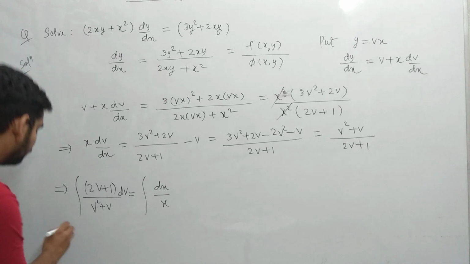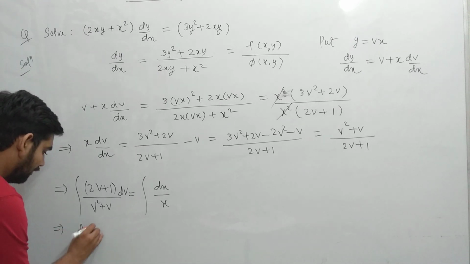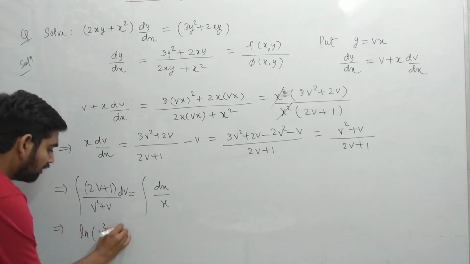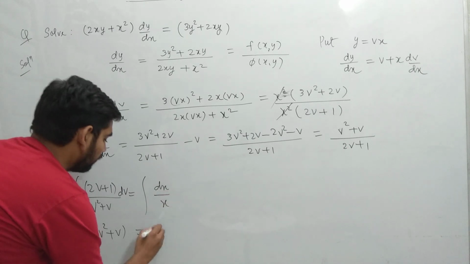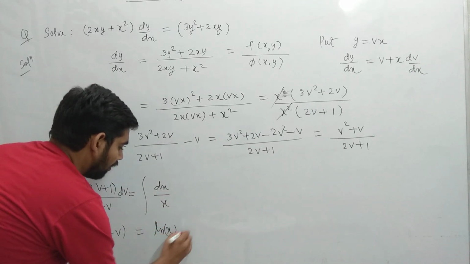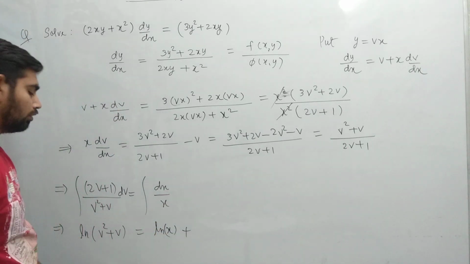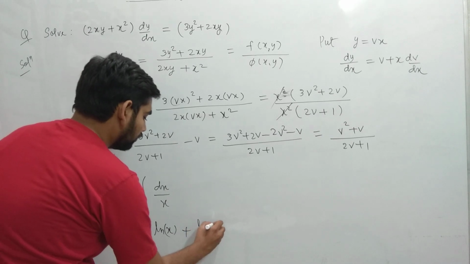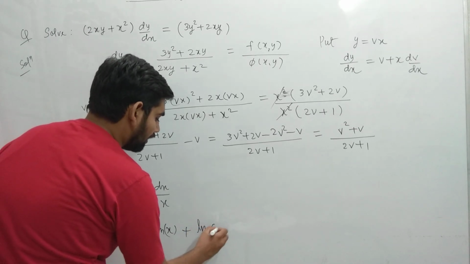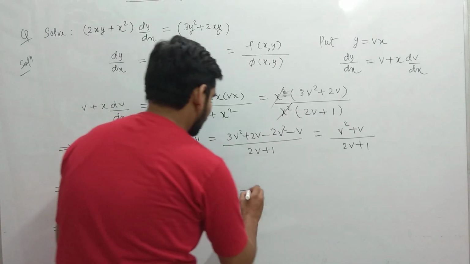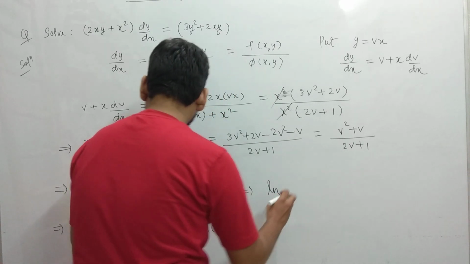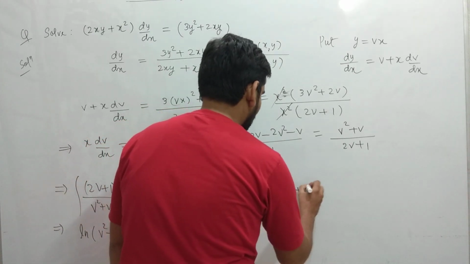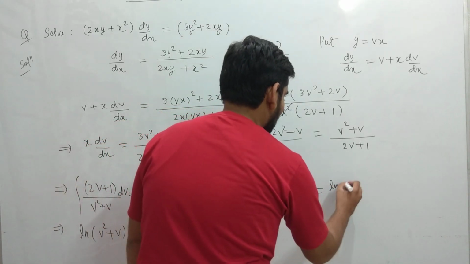So it becomes ln(v² + v) = ln x + constant, and we can also write the constant in the logarithm as ln c. So it can be written as ln(v² + v) = ln(cx).